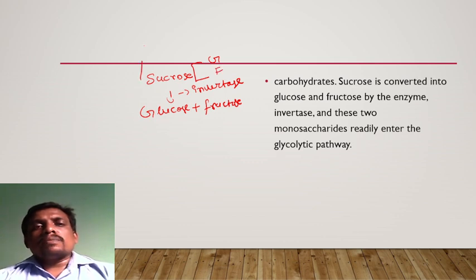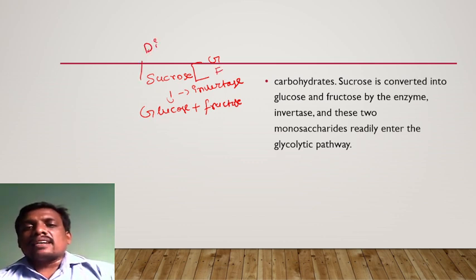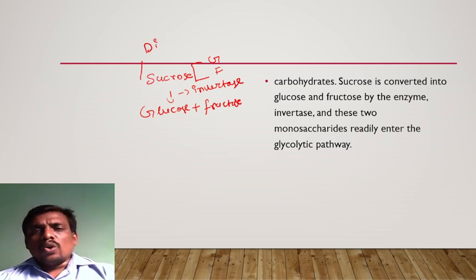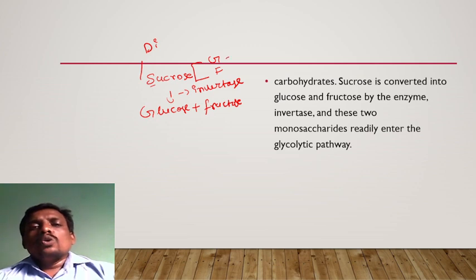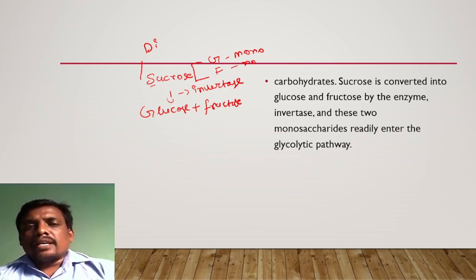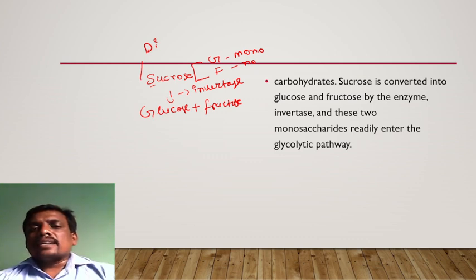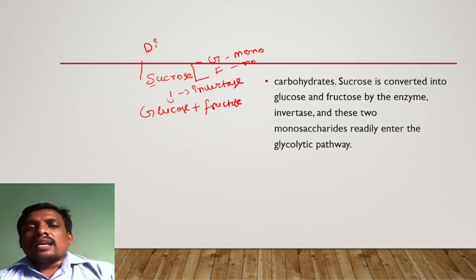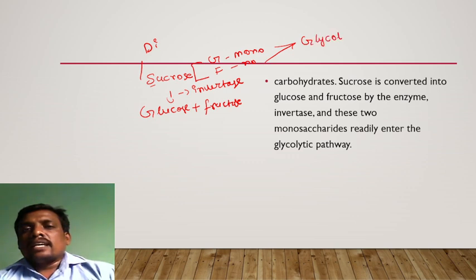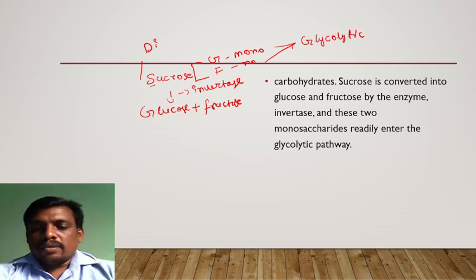Hence, sugar is the best example for a disaccharide. This disaccharide sucrose is made up of two monosaccharides, glucose and fructose, and these two monosaccharides readily enter the glycolytic pathway. What is that? Glycolytic pathway.